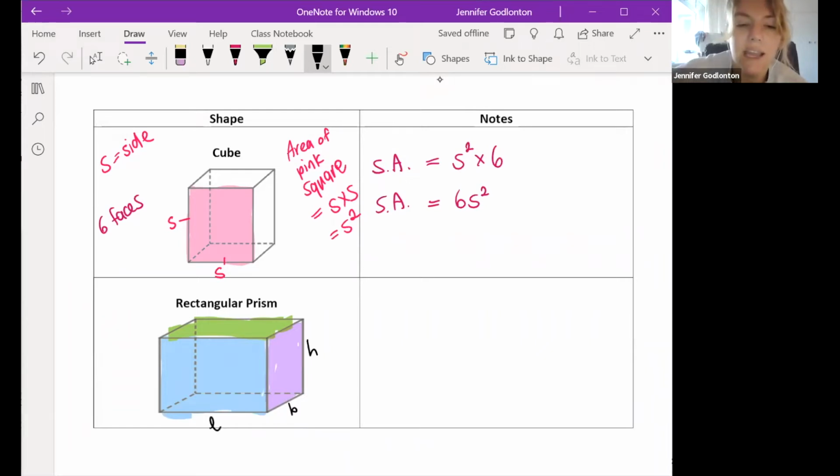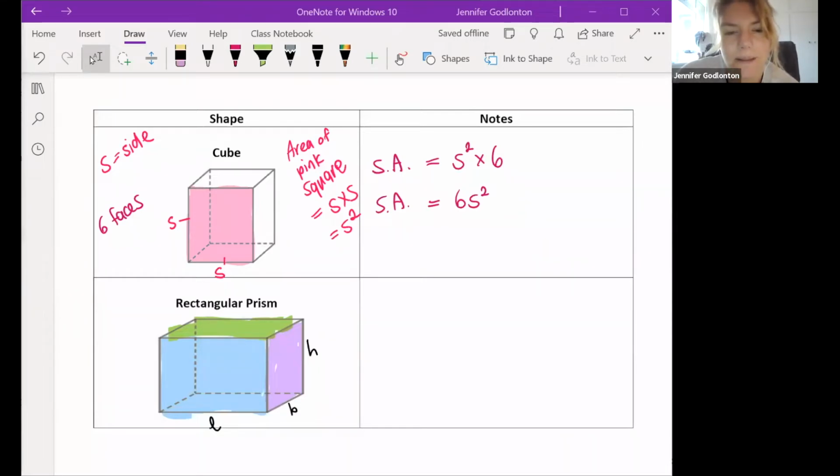If I want to work out the area of just my blue rectangle, how would I work out the area of just the blue one? So look at the letters very carefully.